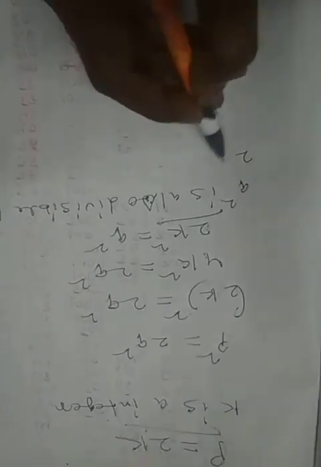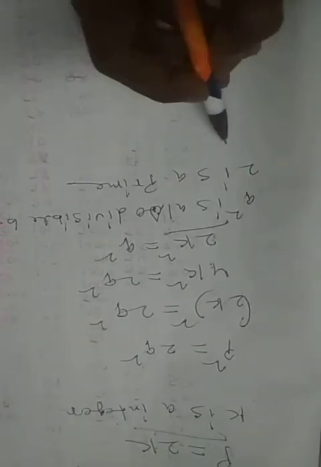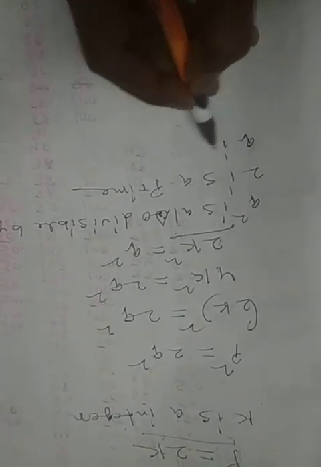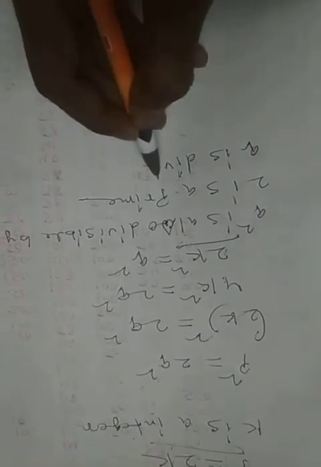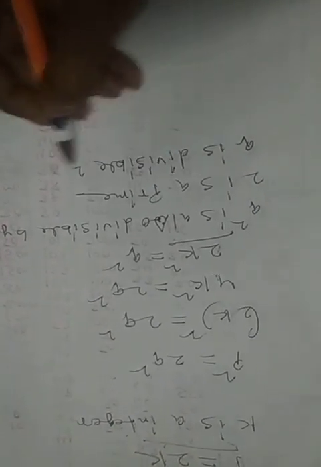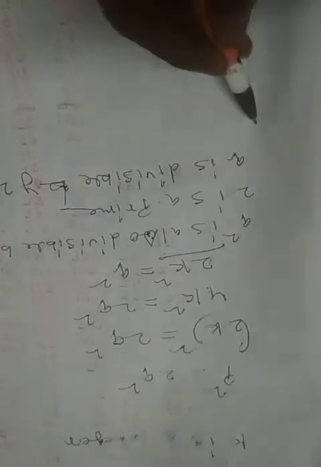So here 2 is a prime number. So I got q is divisible by 2. So from the first equation I got p is divisible by 2. Here I got q is divisible by 2.